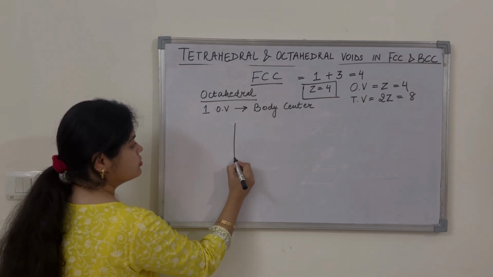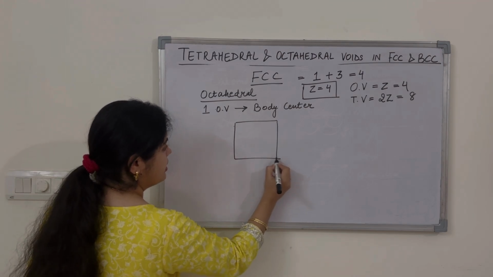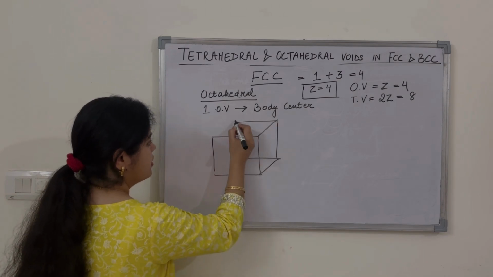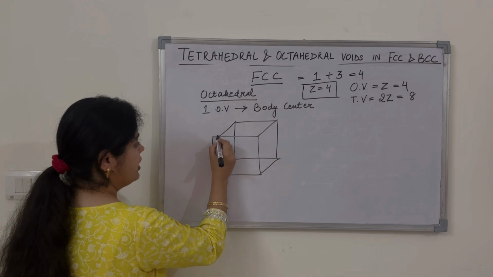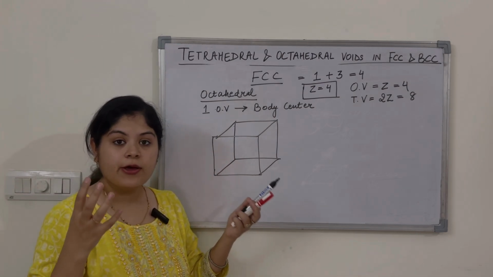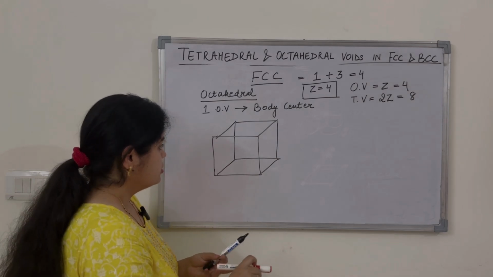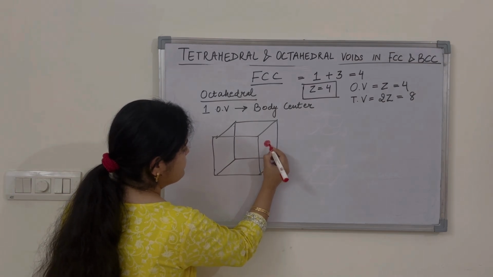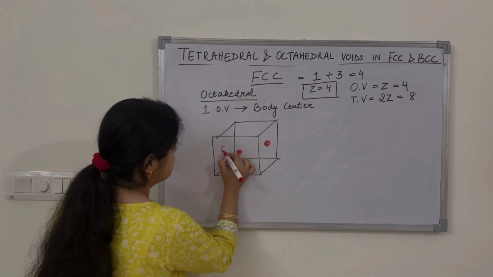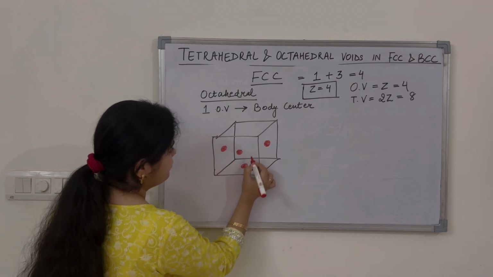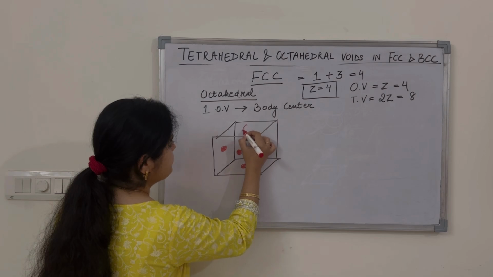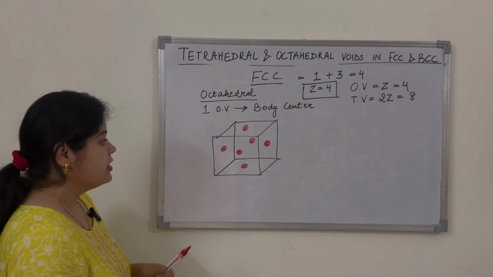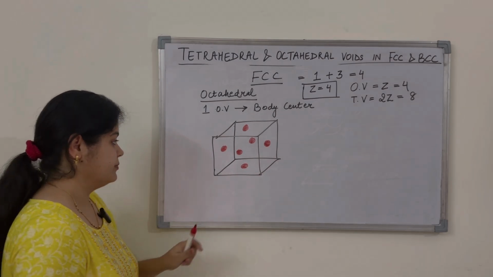So if this is an FCC structure, here I am going to draw only those atoms which contribute towards the void. So I am going to draw only the face-centered atoms. All the faces have one atom, the bottom face, and this face. So 1, 2, 3, 4, 5, 6. So 6 faces and 6 face-centered atoms.